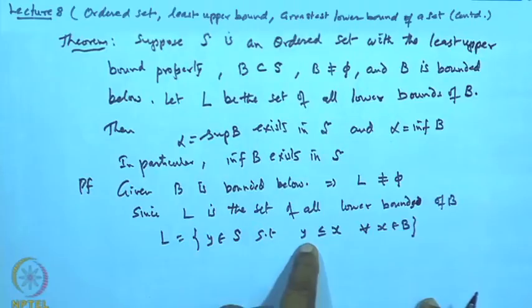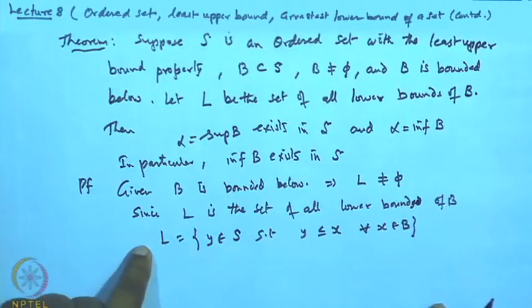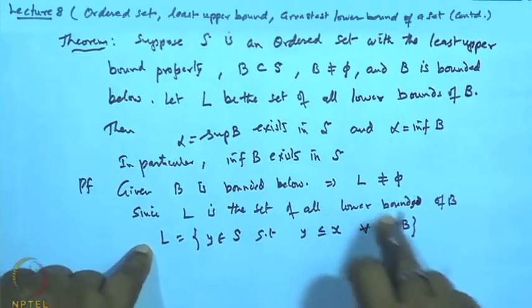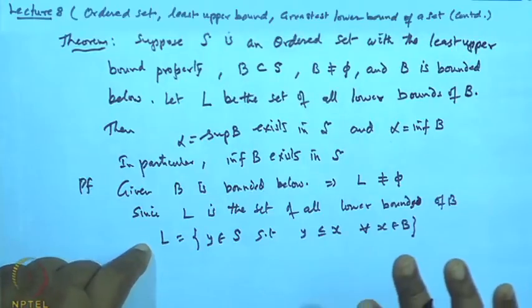So, if y is less than or equal to x, then y will be a lower bound for B, and all such y which satisfy this condition will come in the class L. Okay, and this will be a non-empty set. This one thing is clear.